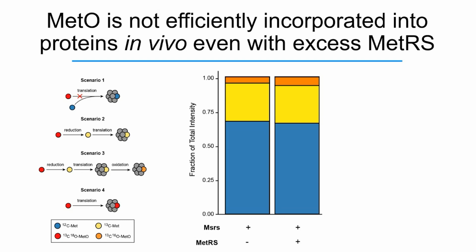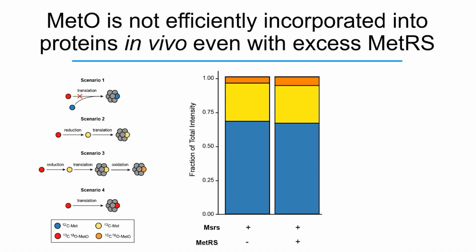But as you can see, once we overexpress MetRS, you still don't really get an increase in that red. The red would be at the top, but you don't really see that at all. So that shows that there's no incorporation of methionine sulfoxide. In this case, it's all being reduced, and then it could have gotten oxidized afterwards, as shown by the orange.